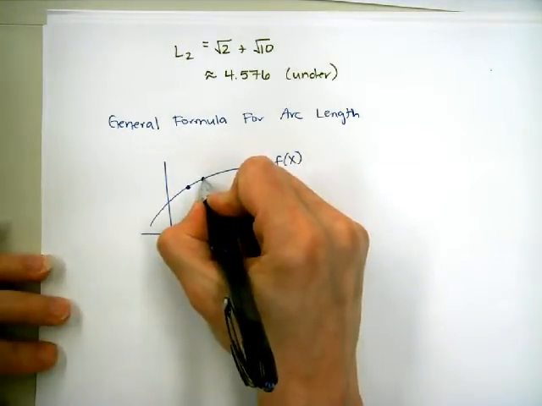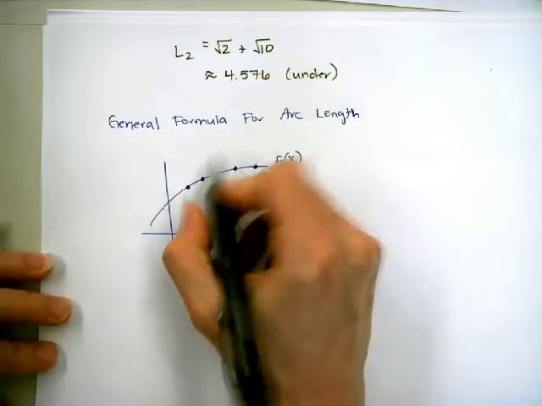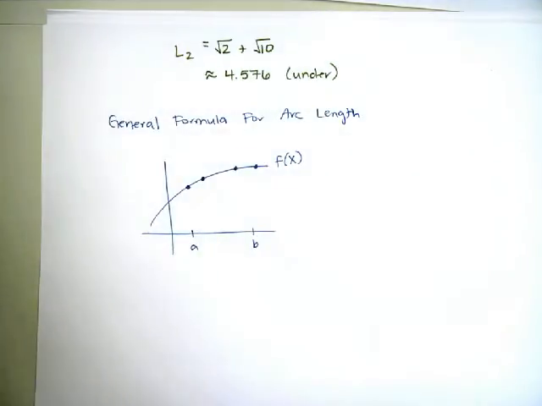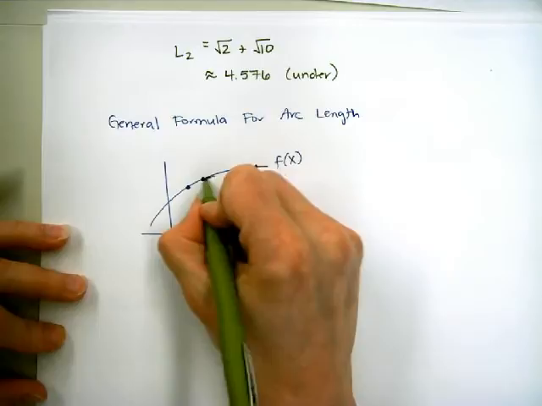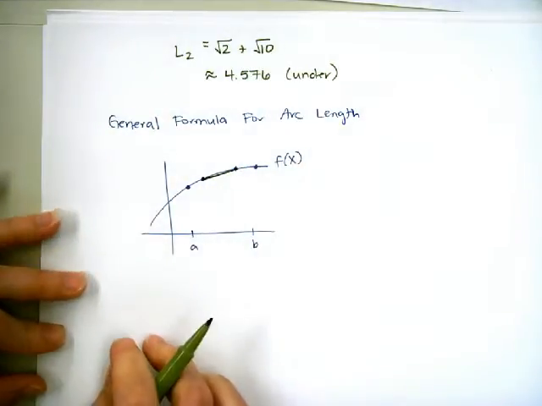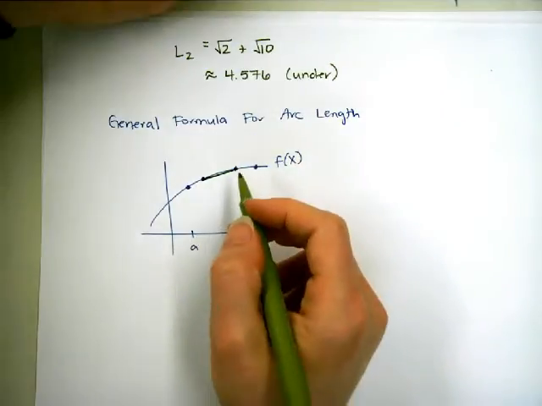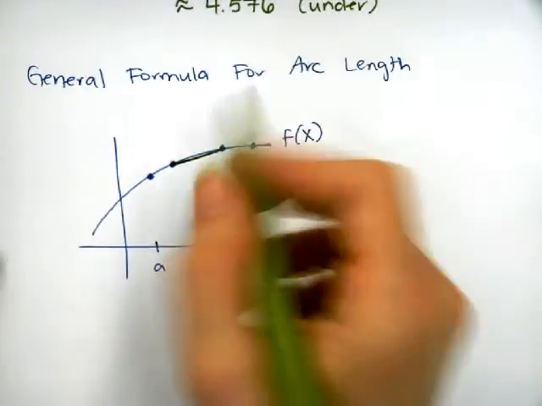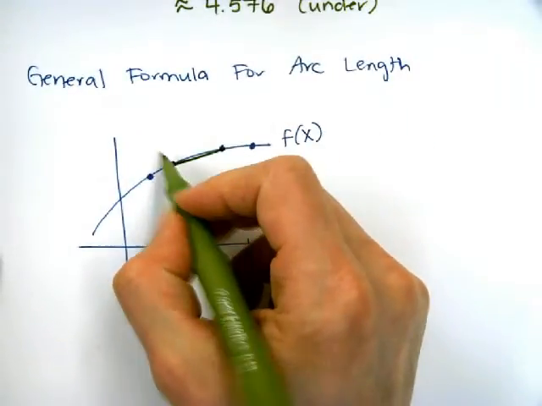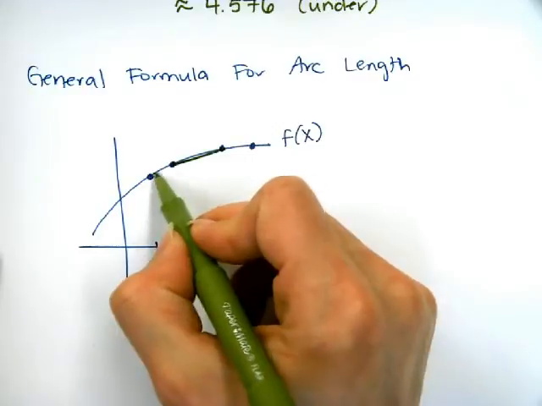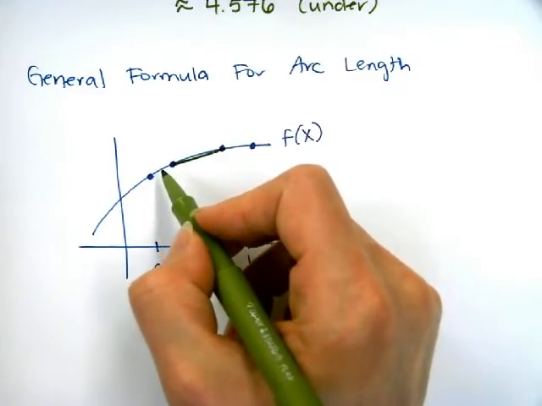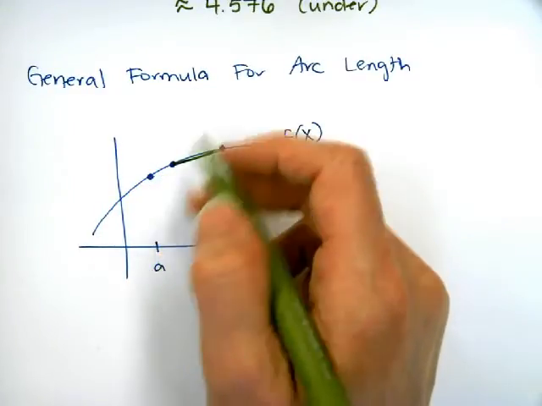Let's just pick 2 random points on here to connect with a line. Okay, so there's one line. I'm going to zoom in a little bit. So imagine that I had a bunch of points in here, and they're all connected by a line, and I'm trying to find the length of each of those lines and then add them all together.